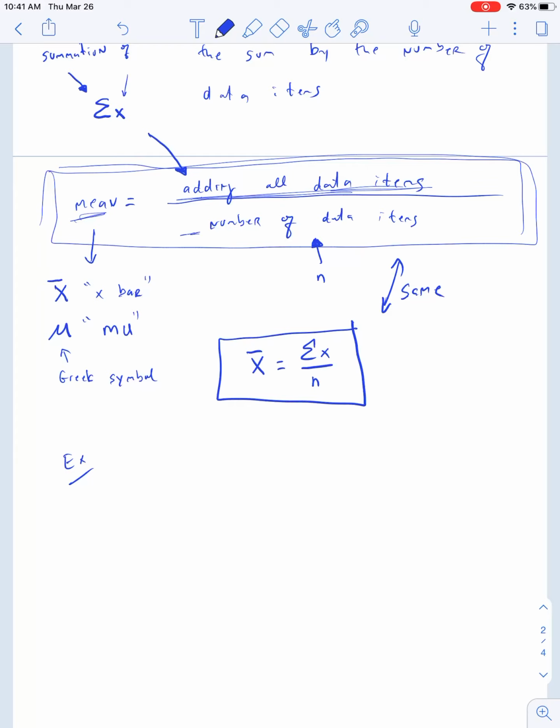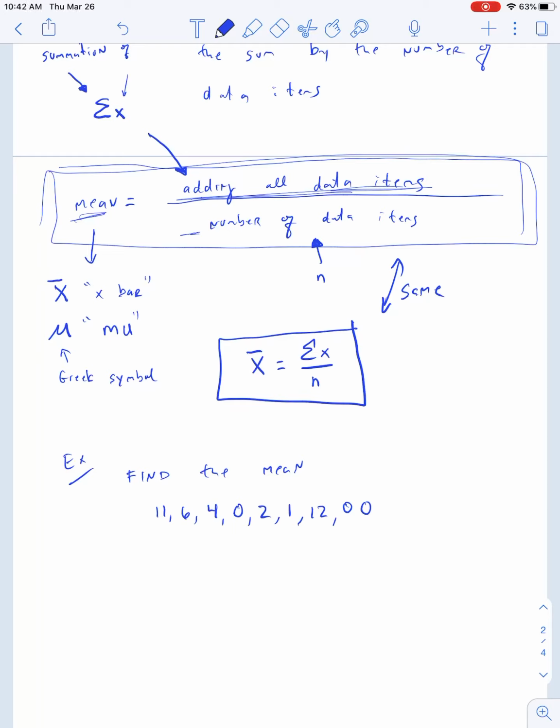Example. Find the mean. We have 11, 6, 4, 0, 2, 1, 12, 0, 0.